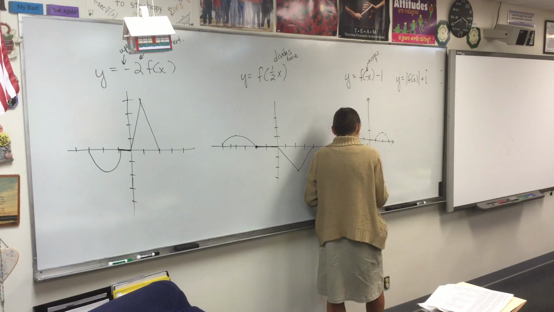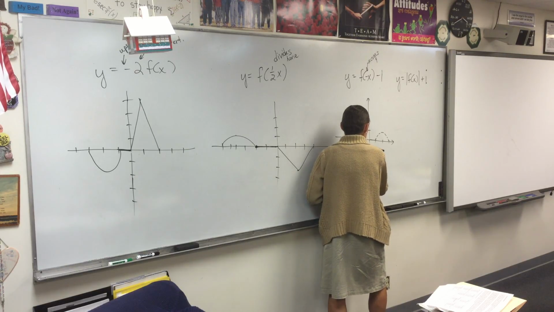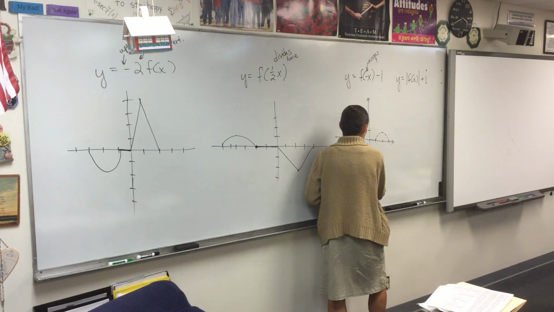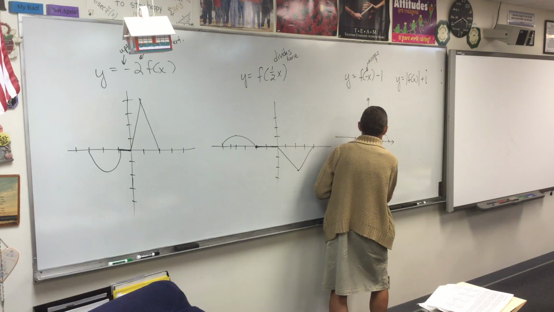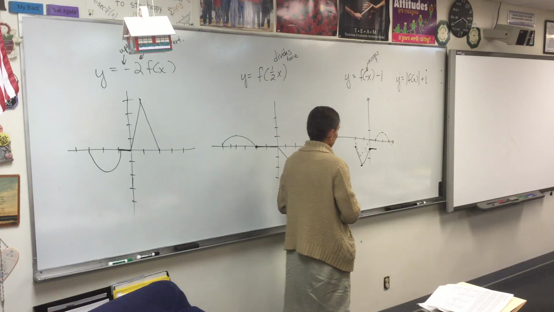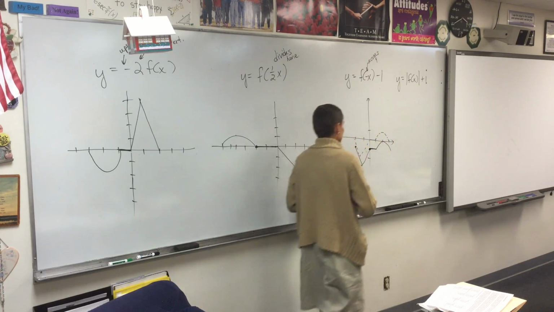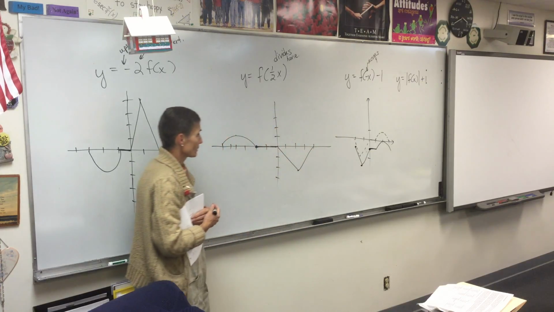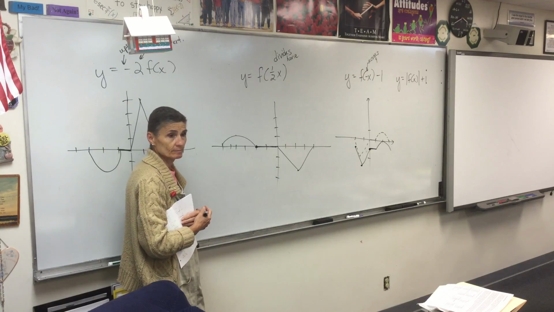So every point is going to come down 1. So what that means is, my bar is going to be here now, right? My bar is going to be down here. And my circle is actually going to be tangent like that. Everything went down 1.